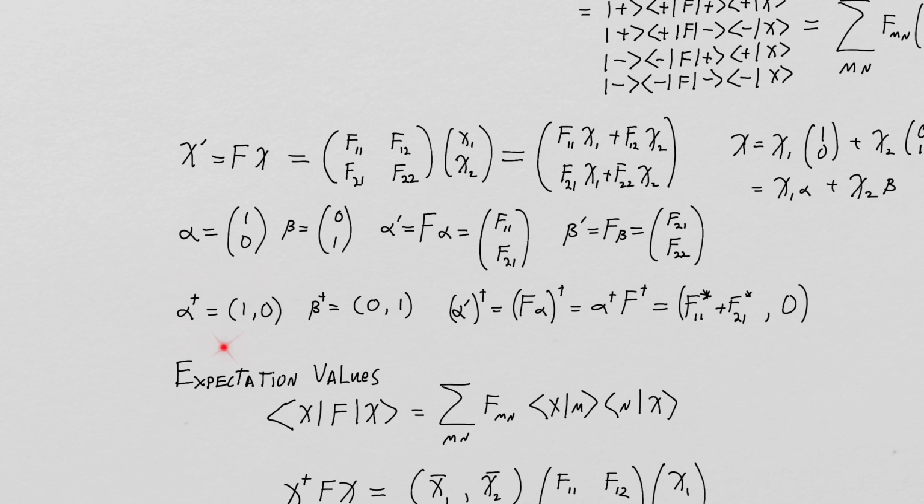But it is true that these guys still have adjoints. So A adjoint is 1, 0, B adjoint is 0, 1. You don't see complex conjugation because the complex components are just 1, right? So there is no need for complex conjugation. This is a real number inside.